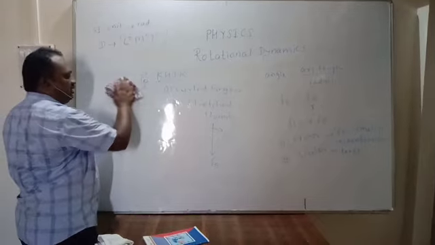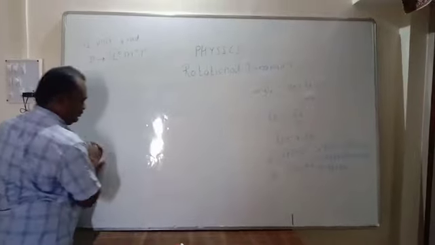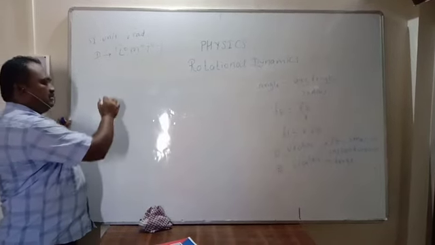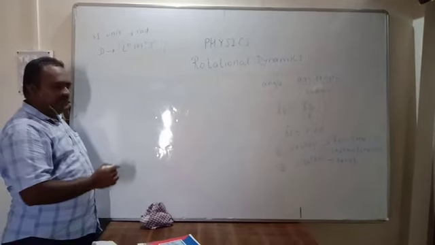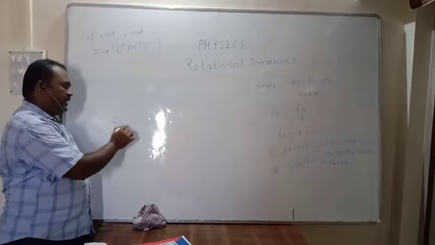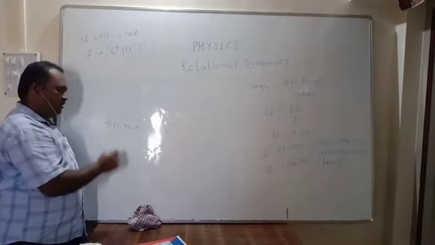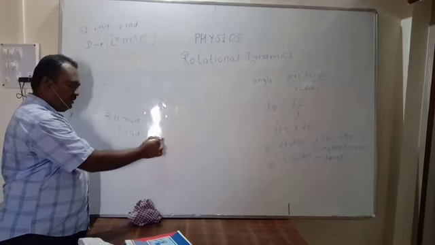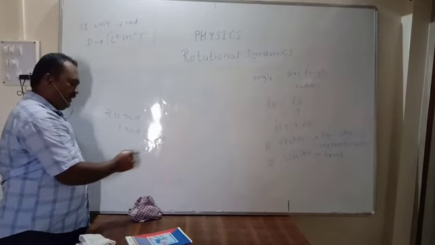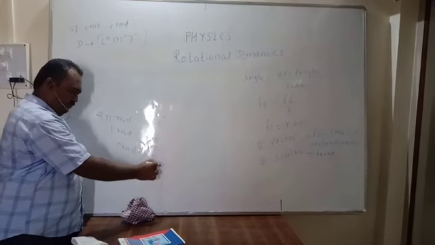From the entrance point of view, in one complete rotation the angle covered is 2 pi radian, which is equal to 360 degree. So conversion of 1 radian equals 360 divided by 2 pi, which comes to 57.3 degree.